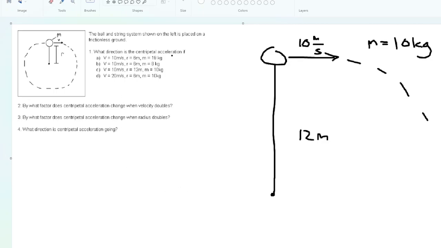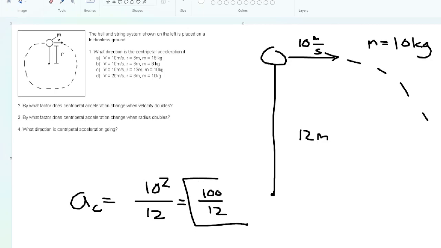But let's go ahead and find centripetal acceleration. Centripetal acceleration in this case is going to be equal to 10 squared divided by the radius, which is 12. So it's going to be equal to 100 divided by 12 in this case.